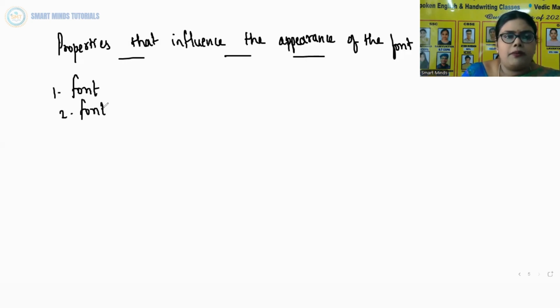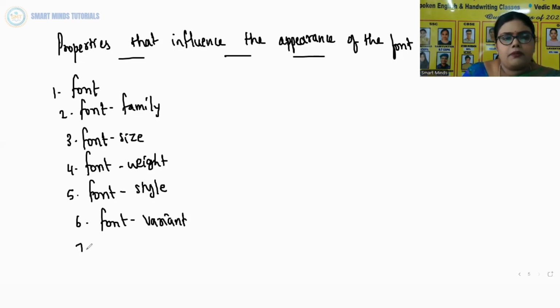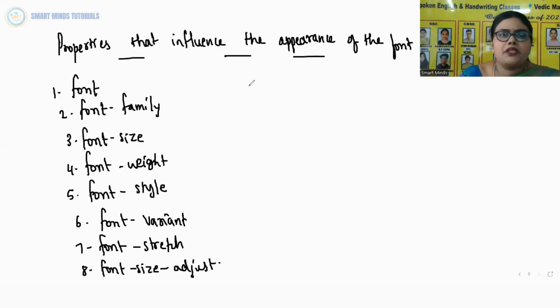Number two is font-family. Number three is font-size. Number four is font-weight. Number five is font-style. Number six is font-variant. Number seven is font-stretch. And number eight is font-size-adjust. So these are the properties that influence the appearance of the font.